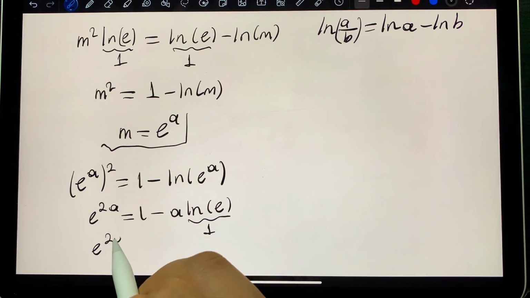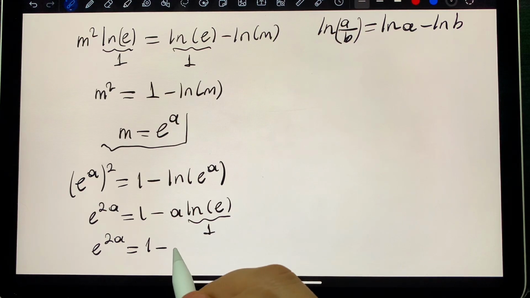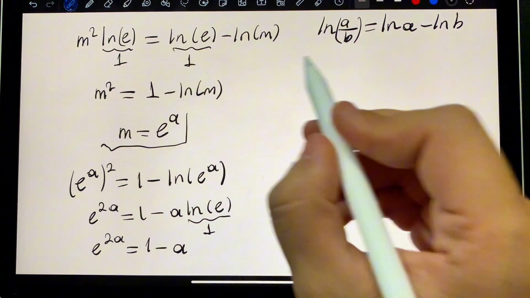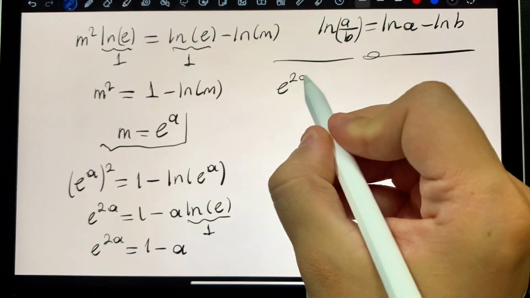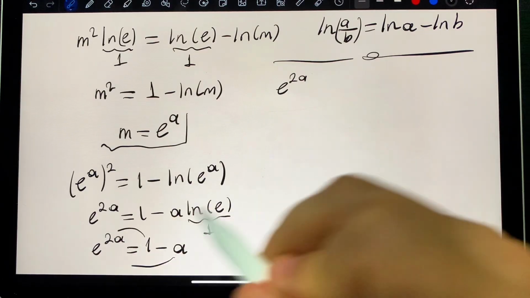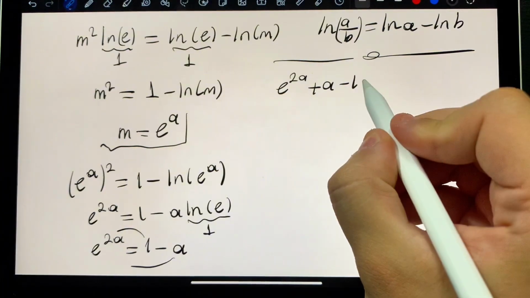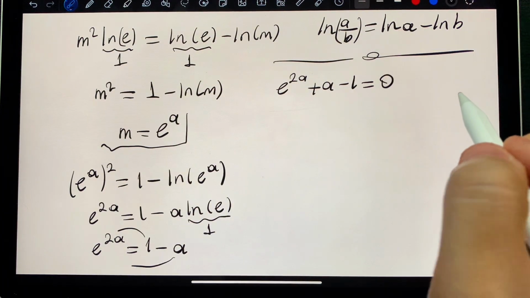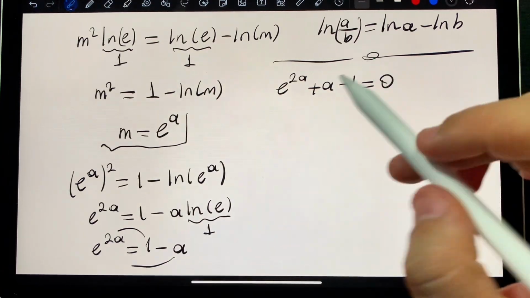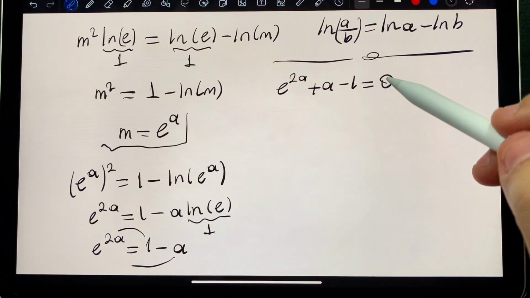e power 2a equals 1 minus a. Yes. e power 2a plus a minus 1 equals 0. Now, think. This function always continues to increase.